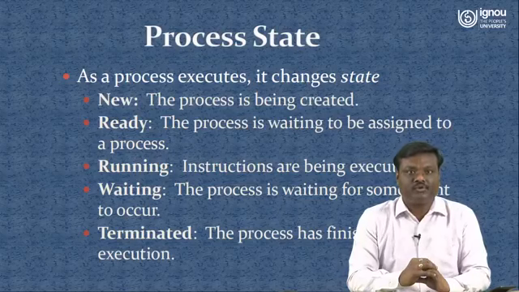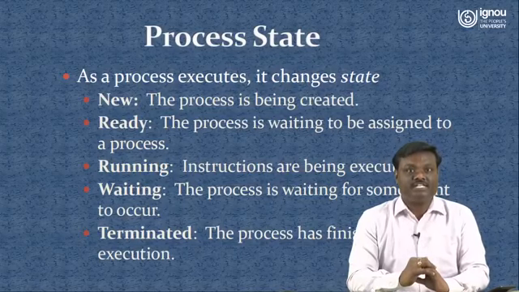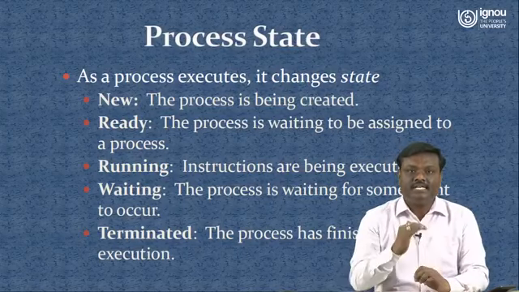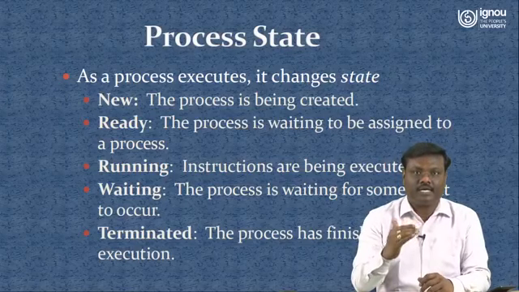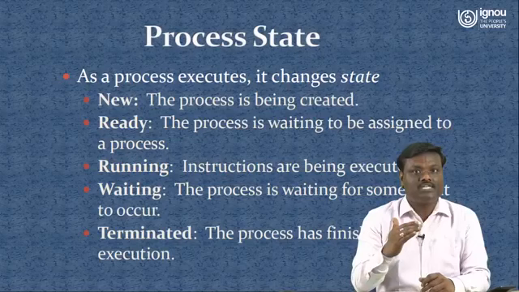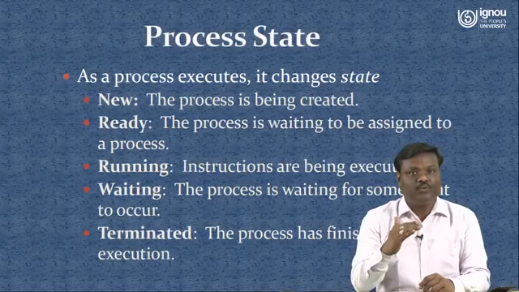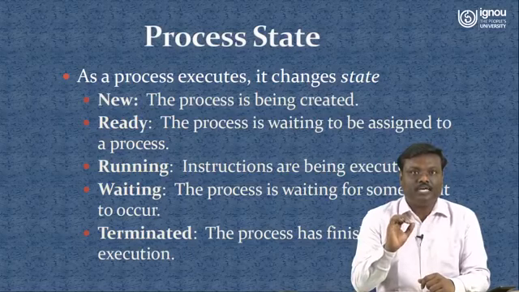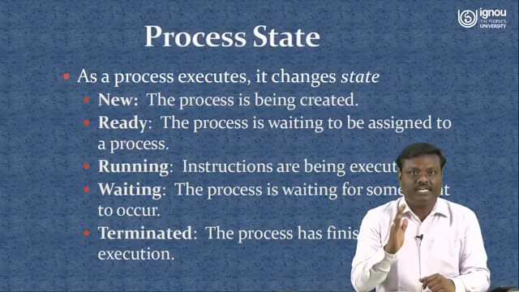Running means instructions are being executed. In the wait state, the process is waiting for an event to occur, or for a resource, or waiting in a queue where the resources are. Terminate means the process executed perfectly and finished its execution.